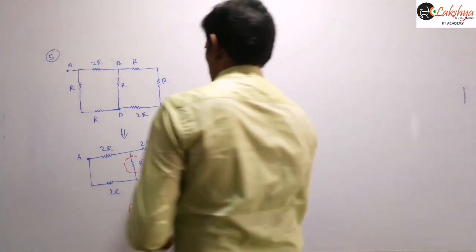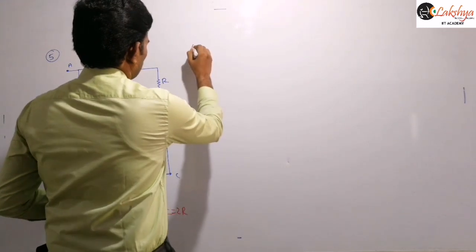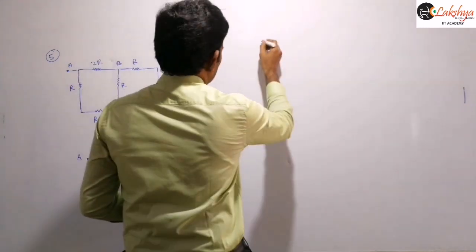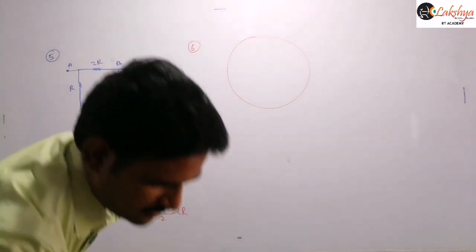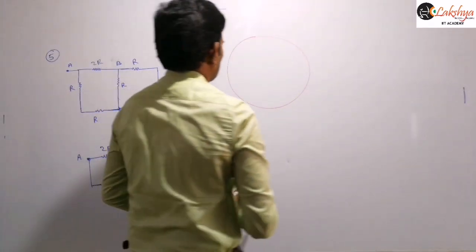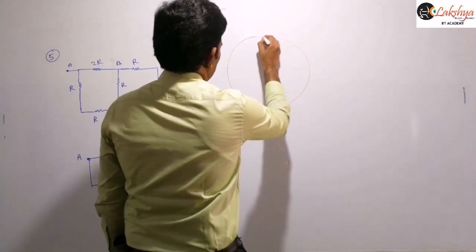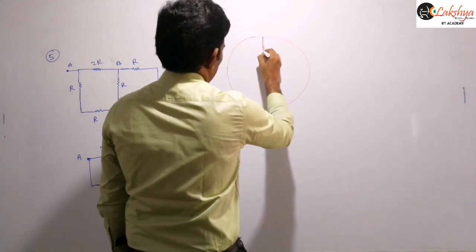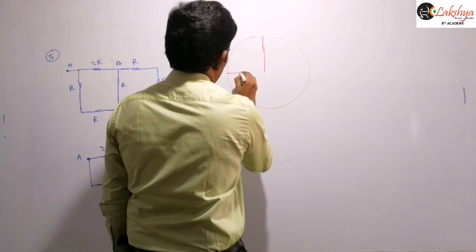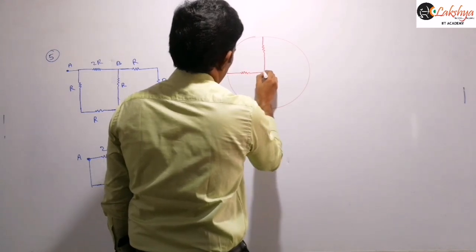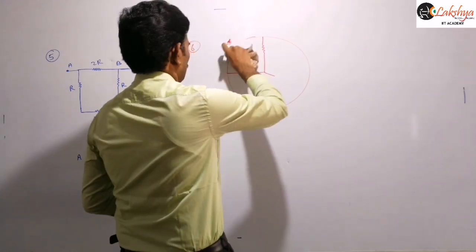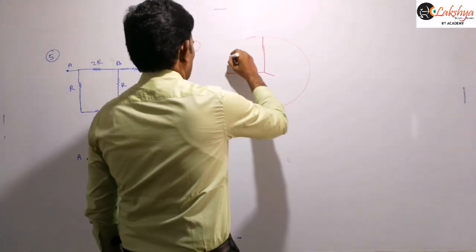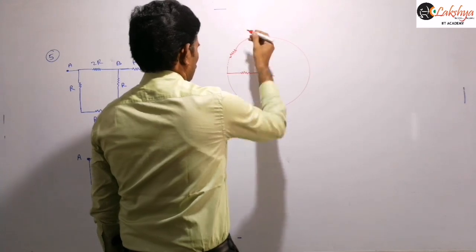And next, let us take another form here. In the form of a circle, first I am arranging some resistors here. So here I am arranging one resistance.